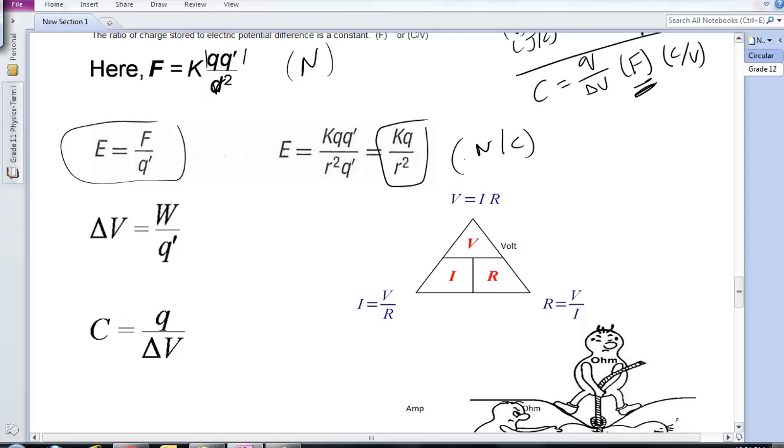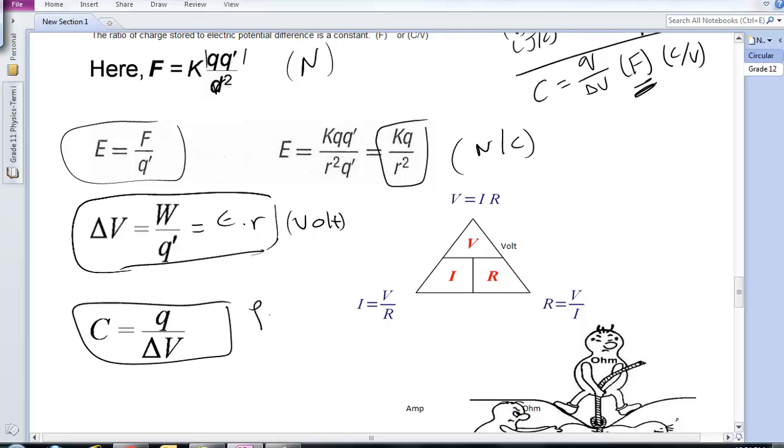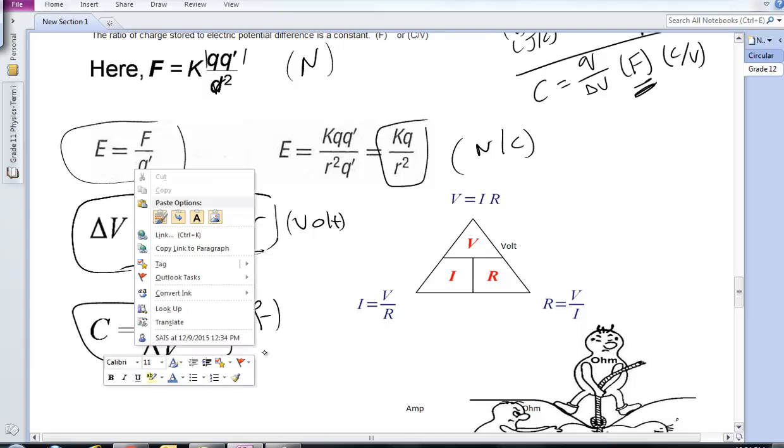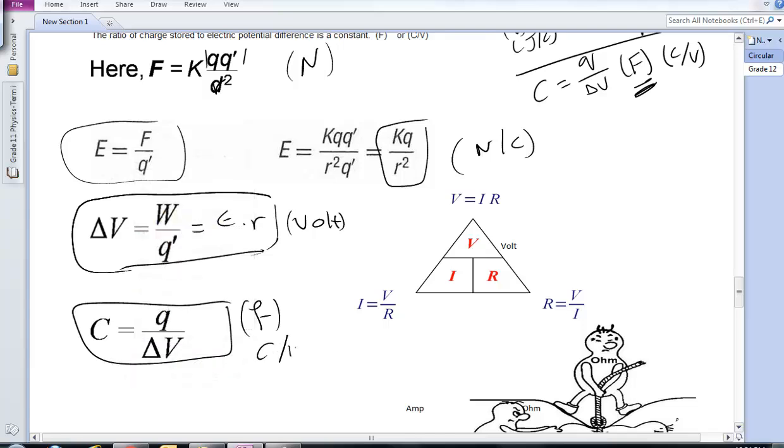Here it is equal to W over Q or E times R, and it is measured in volts. This is also the law of the electric potential difference. And C is equal to Q over delta V, which is measured in farad or coulombs per volt.